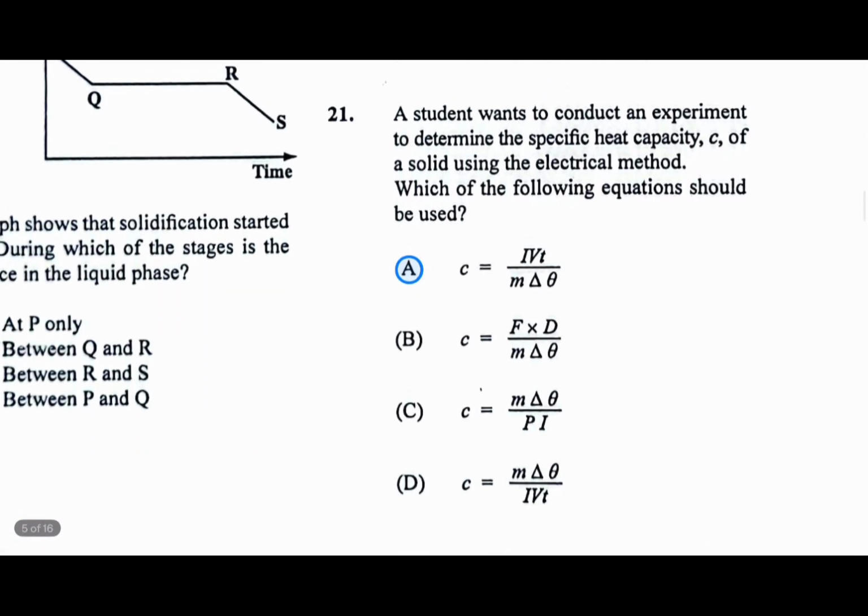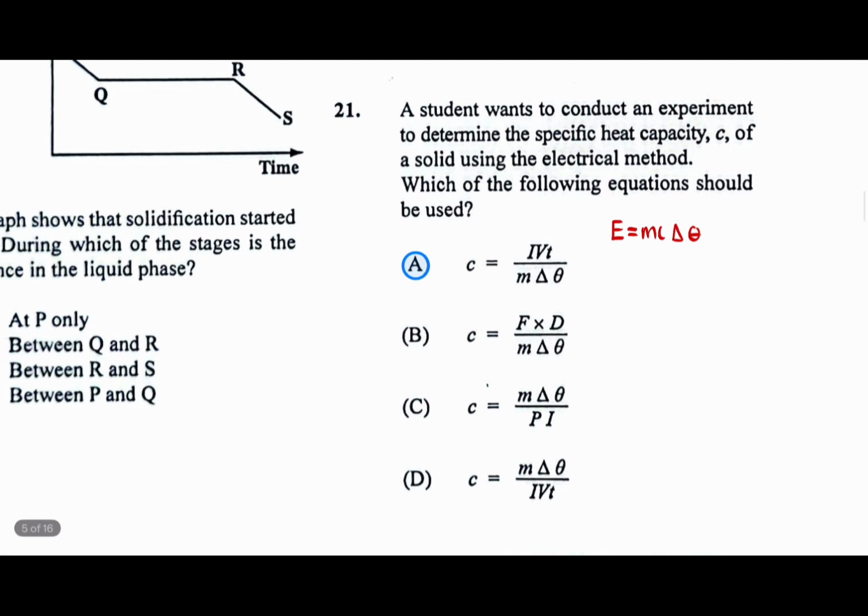Question 21. A student wants to conduct an experiment to determine the specific heat capacity C of a solid using the electrical method. Which of the following equations should be used? So in this particular question, I'm going to recall a good bit of formulas. First one I'm going to use is E is equal to mc delta theta. Why? Because this formula has specific heat capacity in it.